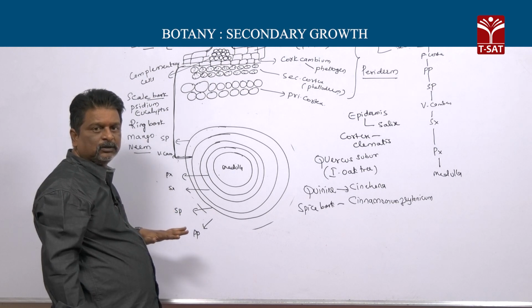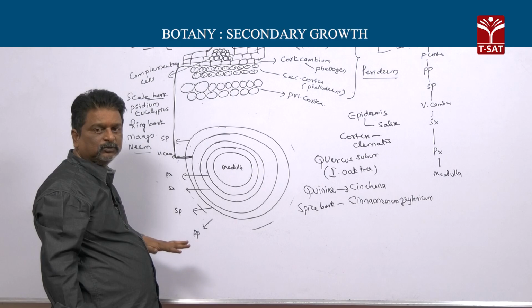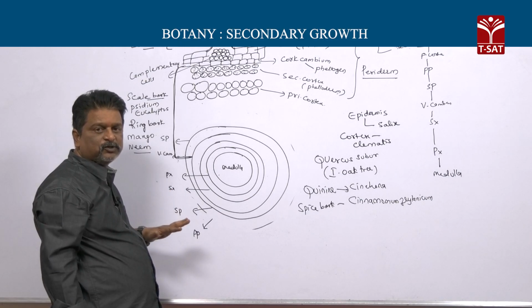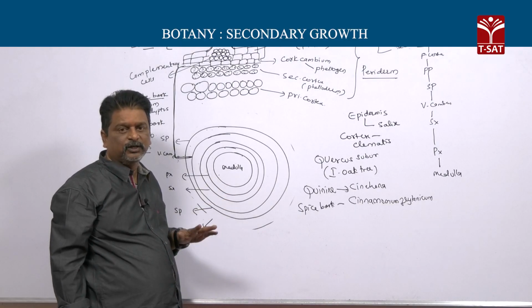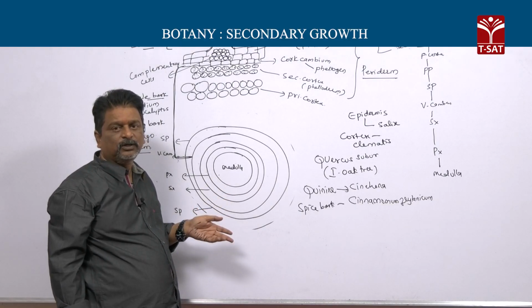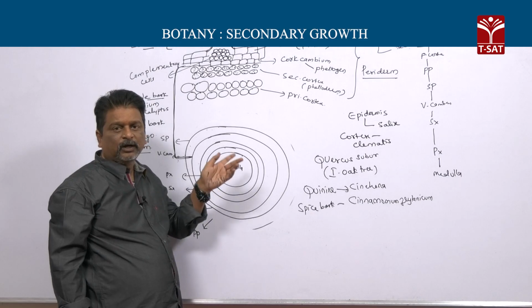So in a dicot stem, secondary growth occurs in the stele and also in the cortex. Stele means intrastellar, where the vascular cambium is responsible. In a dicot stem, vascular cambium is partly primary, that is intrafascicular, and partly secondary, that is interfascicular.